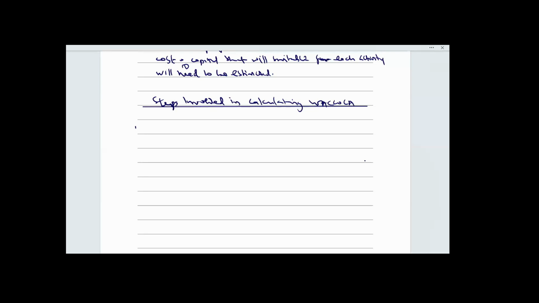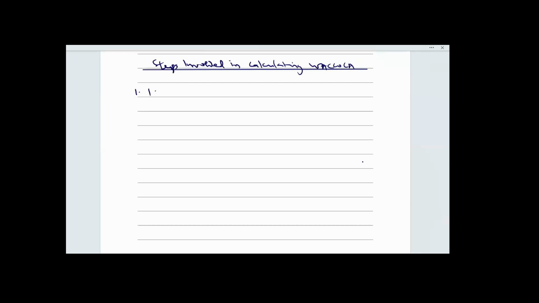The first step is to identify the beta of each activity. Step 2, ungear the beta if it is geared.